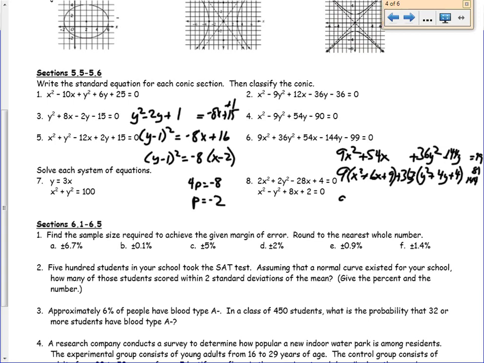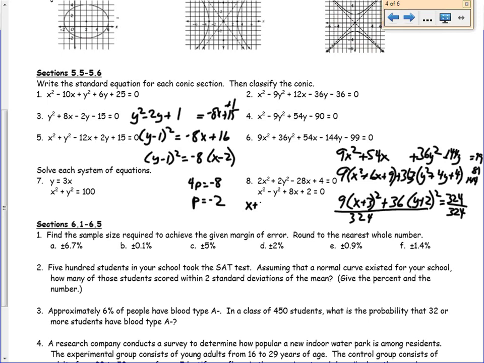So 9 times x plus 3 squared plus 36 times y plus 2 squared is equal to 324. And then 9 must go into both of those. How many times does 9 go into 324? So that gives me 36.